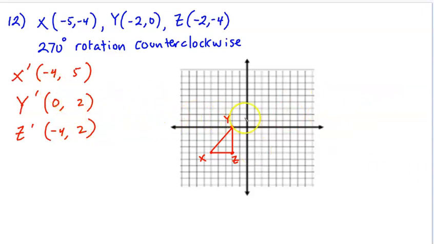All right, let's plot these. -4, 5. 0, 2, and -4, 2. It's in blue.